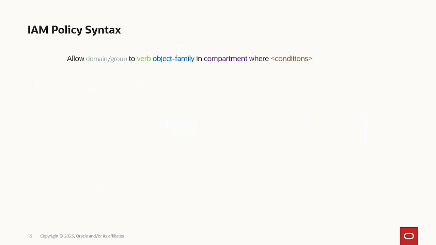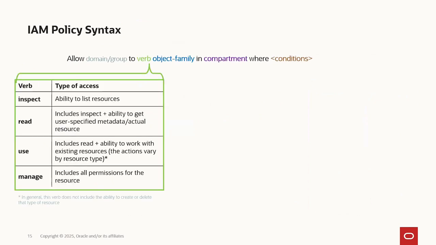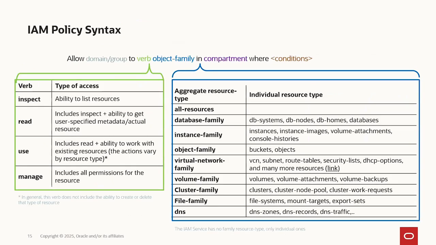So jumping into the IAM policy syntax, let me go ahead and build this slide out. This is how you assign any sort of access to either a resource or an instance. It follows the syntax, allow domain group to verb, and here we have our verbs: inspect, read, use, and manage.